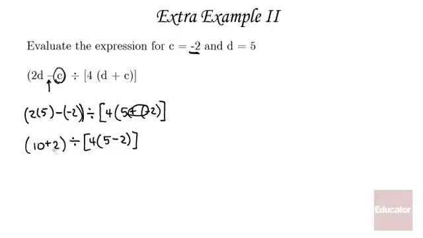Next we have 10 plus 2, which is 12. Then I'm going to come here. 5 minus 2 is 3. And then lastly, inside our brackets, 4 times 3 is 12. And 12 divided by 12 gives us the answer of 1.